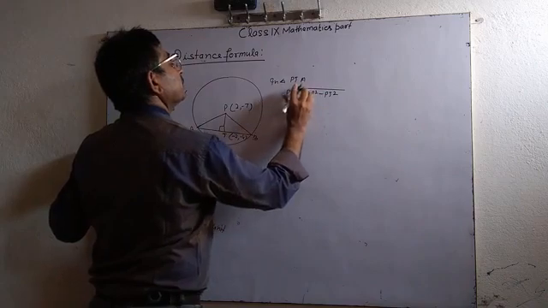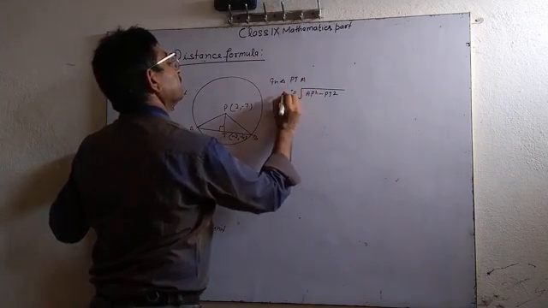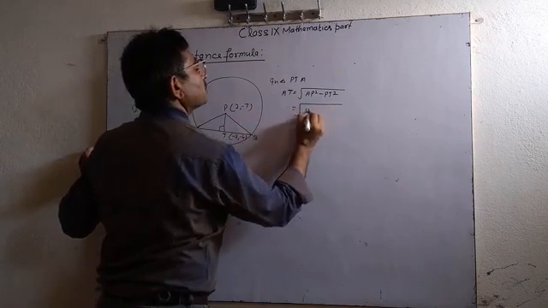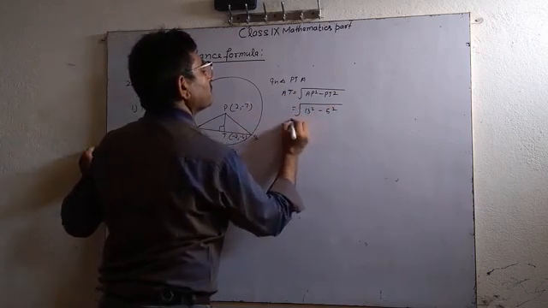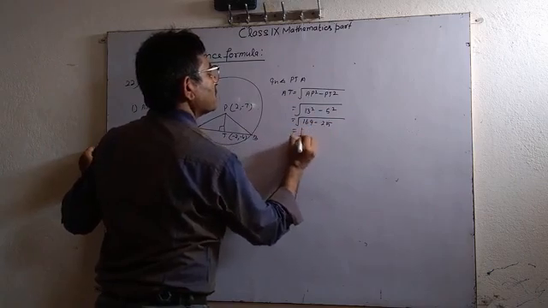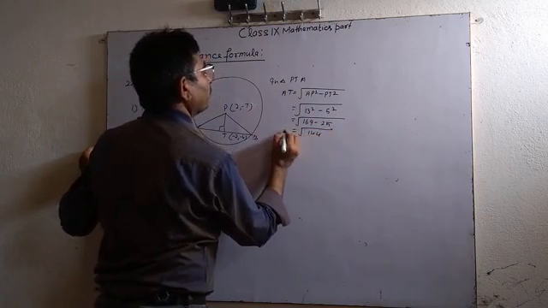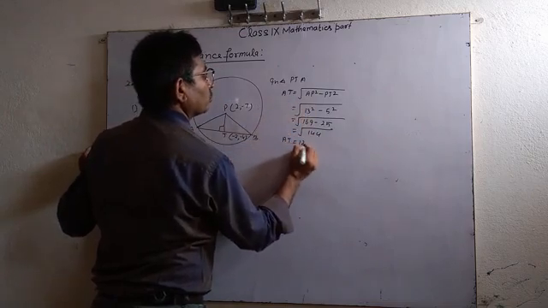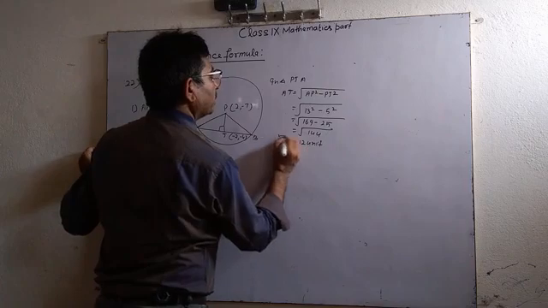This is AT equals AP given 13 square minus 5 square, which is 169 minus 25, the square root of 144. Only the positive sign is taken. So therefore AT equals 12 units.